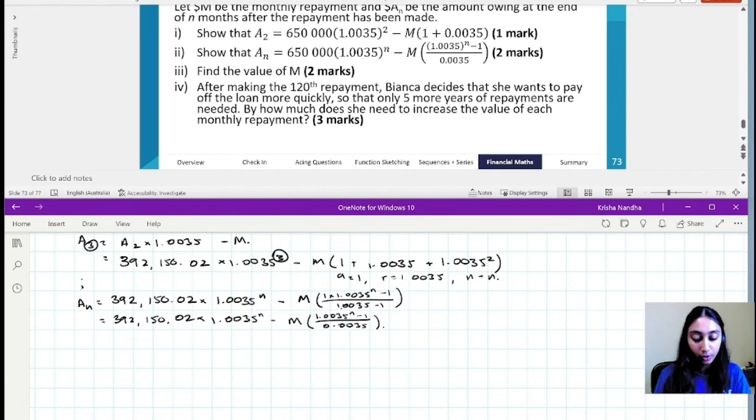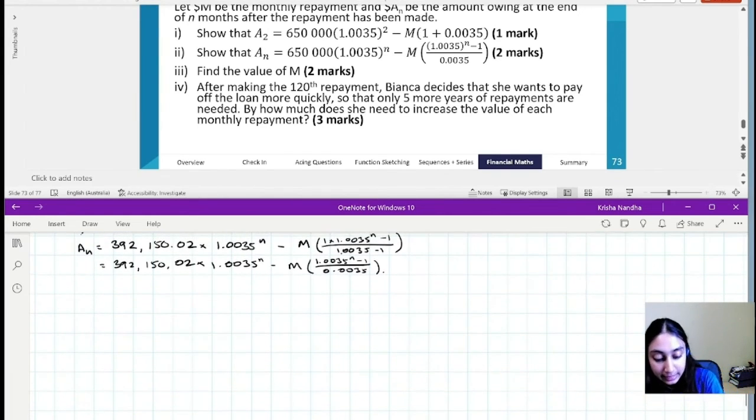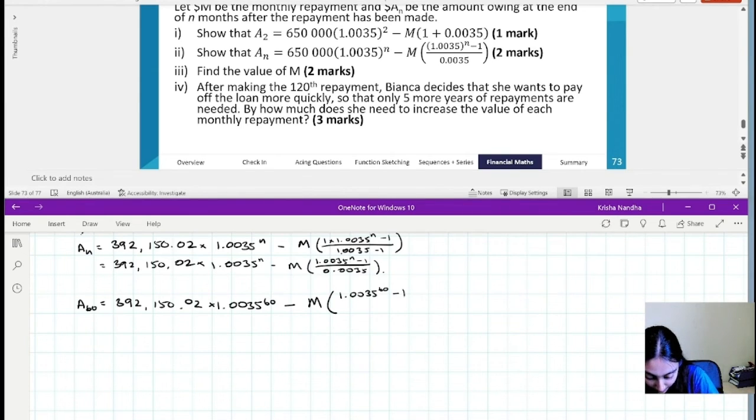Okay, so to actually answer the question now, we only need 5 more years. So n in this case, after 5 years, will be 12 times 5, which will be 60. So A60 will be equal to 392,150.02 times 1.0035 to the power of 60, minus m times (1.0035 to the 60 minus 1) on 0.0035.